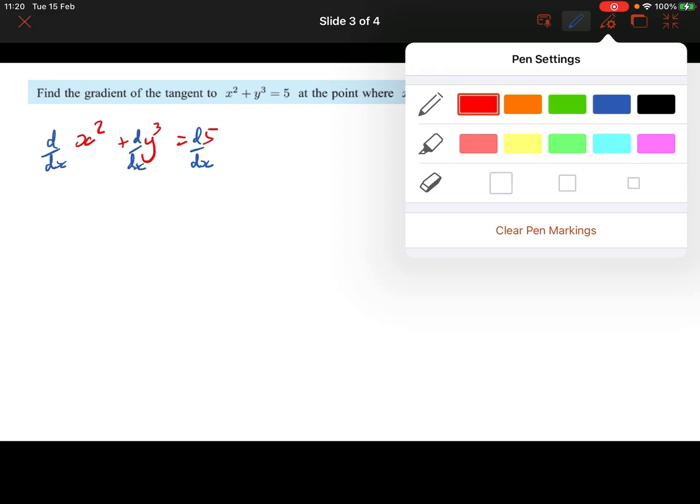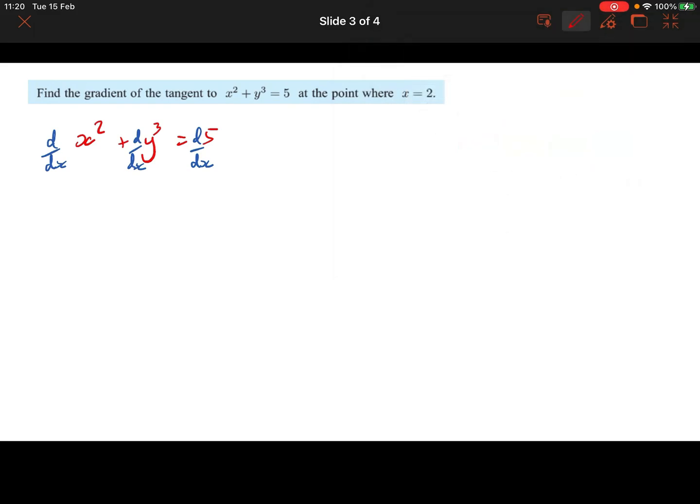Okay, what are we going to get? We're going to get 2x plus, I'm just going to skip through the rule here. Once you spot the pattern here, it becomes very, very easy. 3y squared dy/dx equals 0. So dy/dx equals negative 2x over 3y squared.